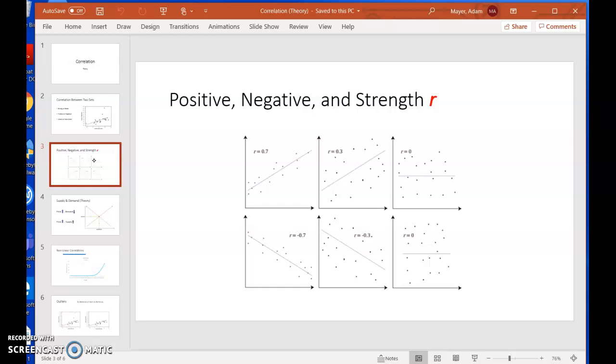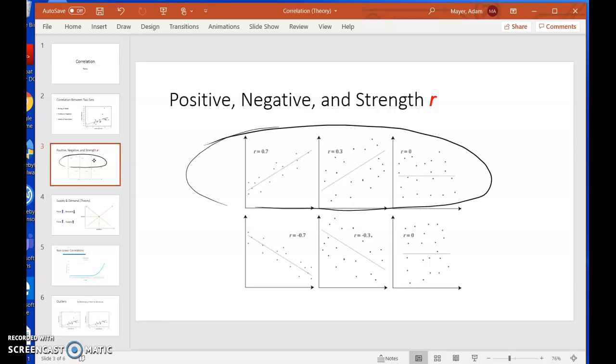It's called R. And that R is a mathematical value between -1 and 1, and it determines how strongly two data sets are correlated. So in general, the first row of correlated data sets has, at least for the first two, what I would refer to as a positive correlation.